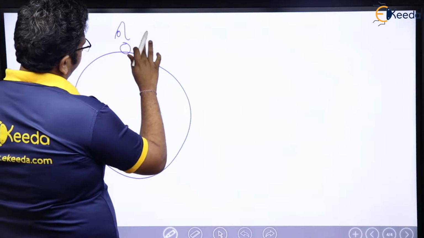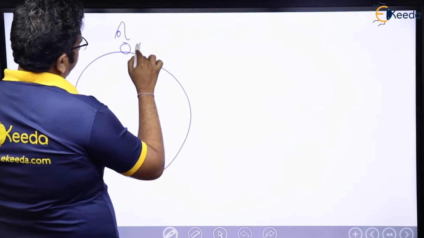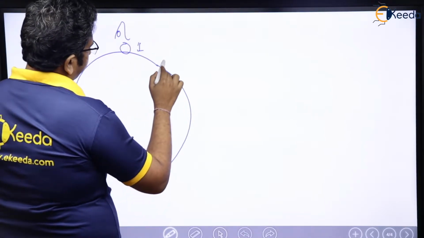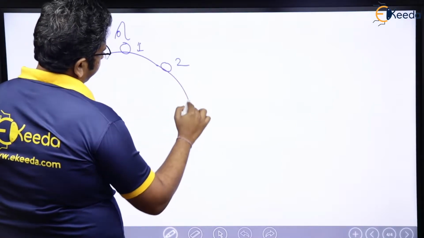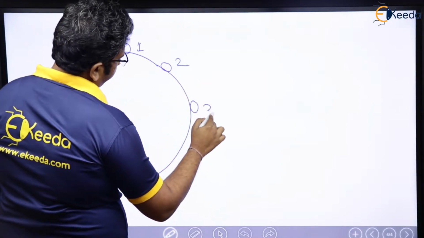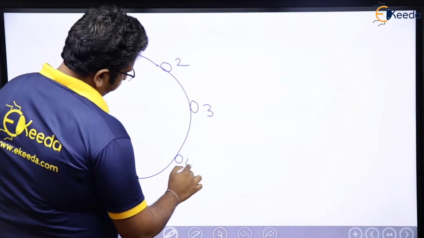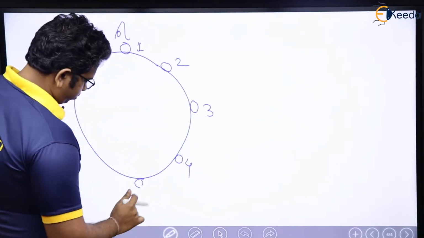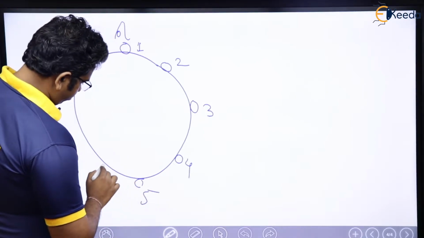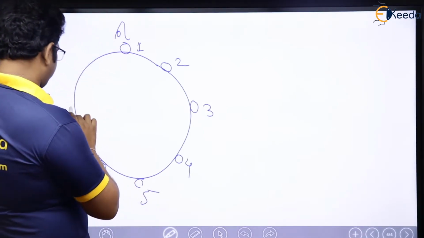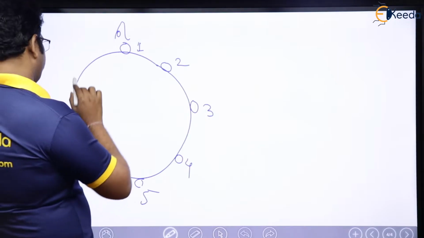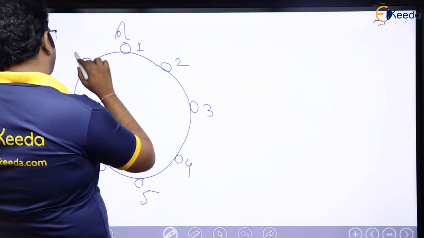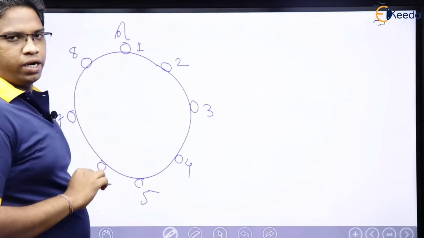Let me call this as conductor 1, conductor 2, conductor 3, conductor 4, conductor 5, 6, 7, and this is going to be conductor 8.